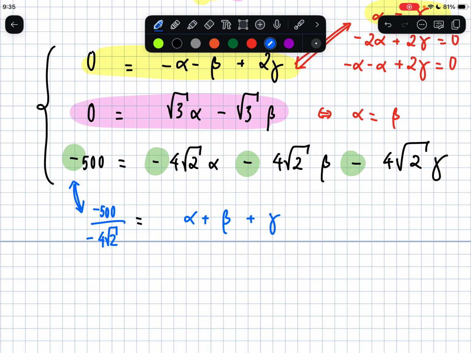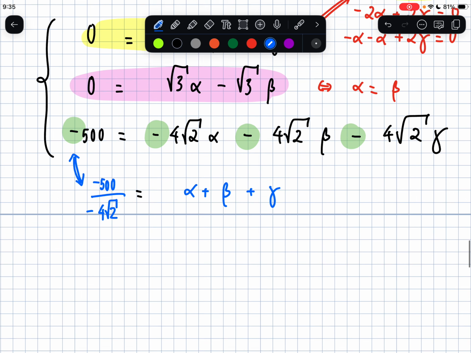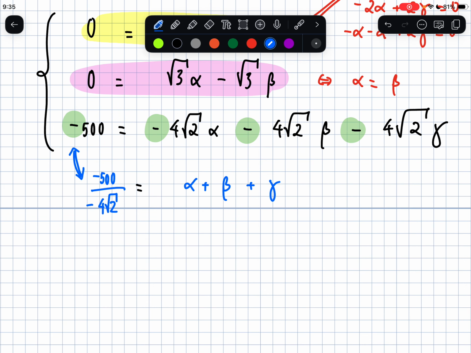The minus cancels out here. So you have 500 divided by 4 times root 2. Let me multiply by root 2 first, so I have 500 root 2 over 4 times 2.